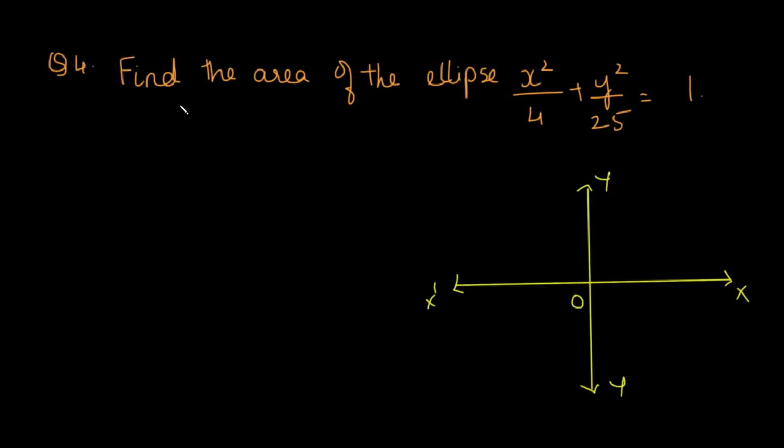So fourth question: find the area of the ellipse x square upon 4 plus y square upon 25 is equal to 1. Now we have learned about the equation of the ellipse in the first lecture of chapter 7. The equation of the ellipse is given as x square upon a square plus y square upon b square is equal to 1.